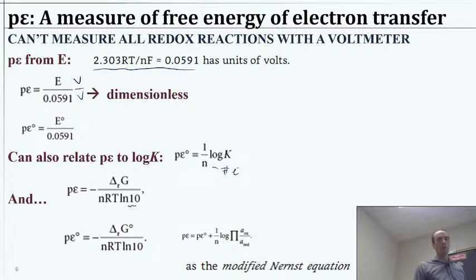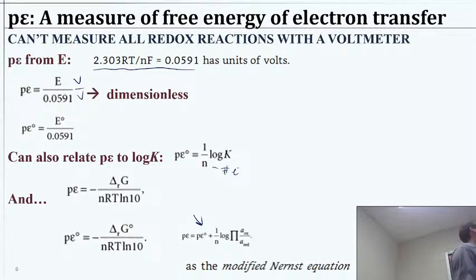That's just a conversion to get log to natural log. Or rewriting that, we can rework it until we get this equation here, which is the modified Nernst equation. So PE is equal to PE standard plus 1 over n log of that activity quotient.